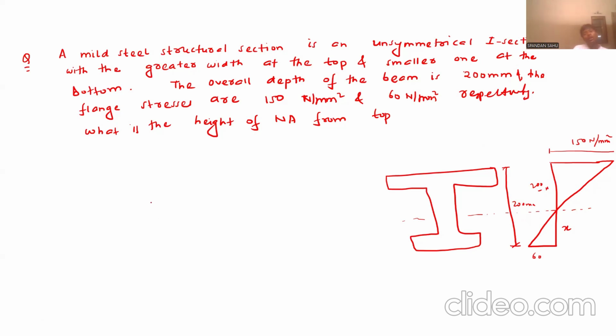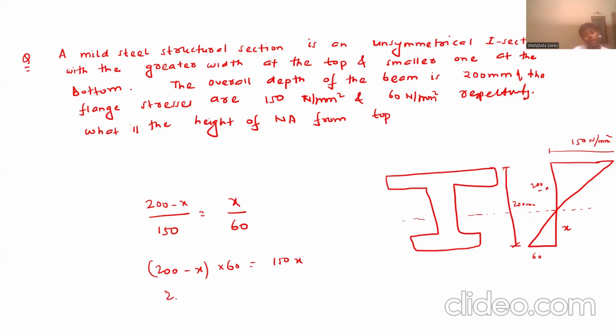Now, from similarity of triangles, can you write (200 minus x) upon 150 will be equal to x upon 60? So (200 minus x) into 60 equals 150x.